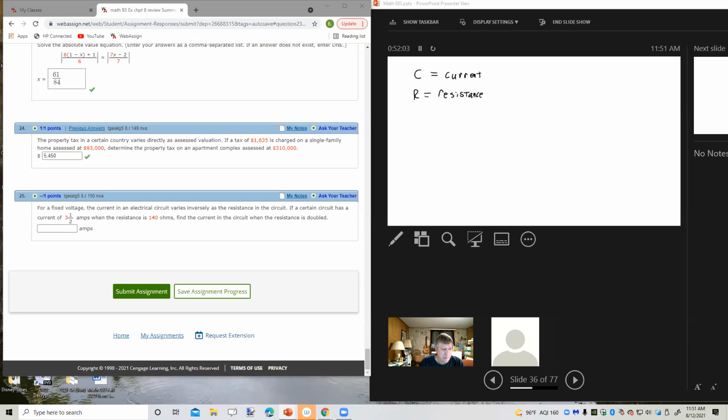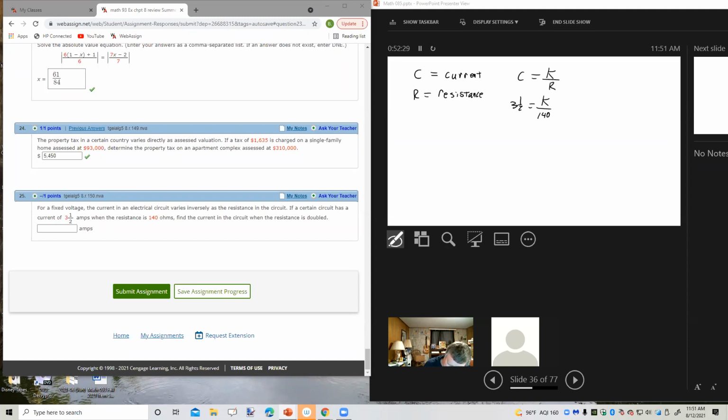Okay, so for a fixed voltage, the current varies inversely as the resistance. Okay, if a certain circuit has a current of 3.5 amps, so 3.5, when the resistance is 140 ohms, okay?